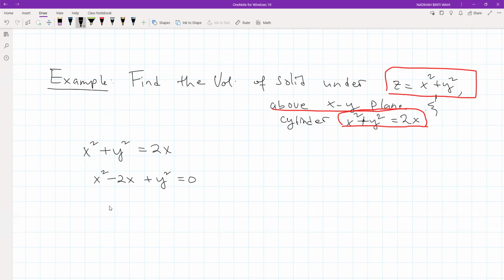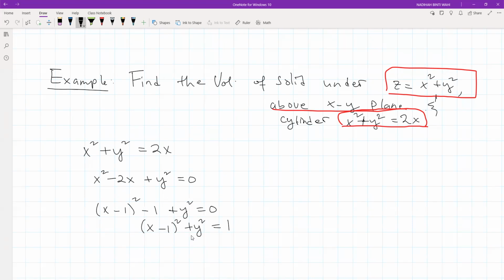Ini sebab dia tengok dekat above xy plane ni. So z equals to 0. Okay. So kalau saya buat x minus 1 square, okay, saya nak jadikan dia completing the square, plus y squared equals to 0. So this is x minus 1 squared plus y squared equals to 1.